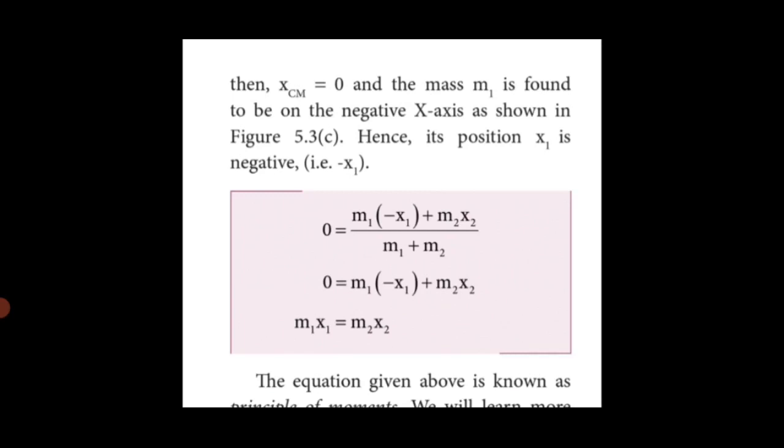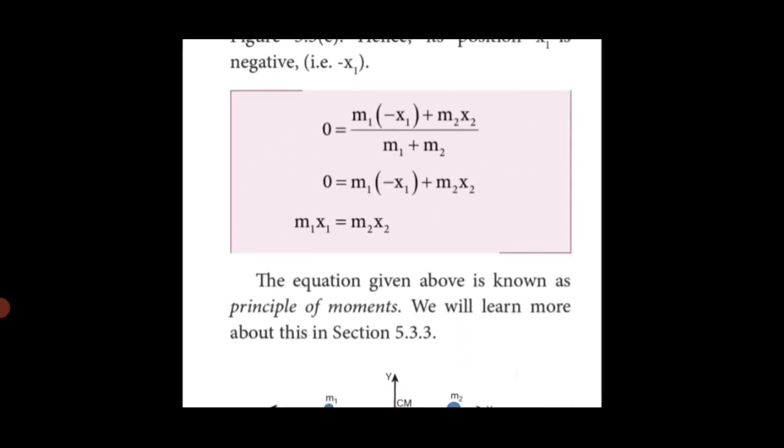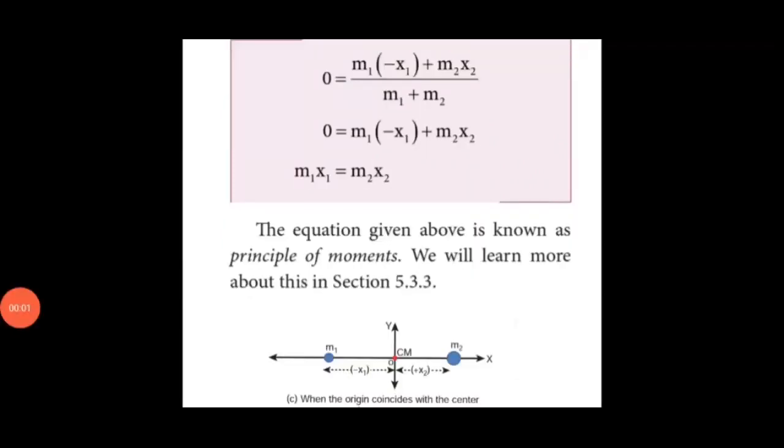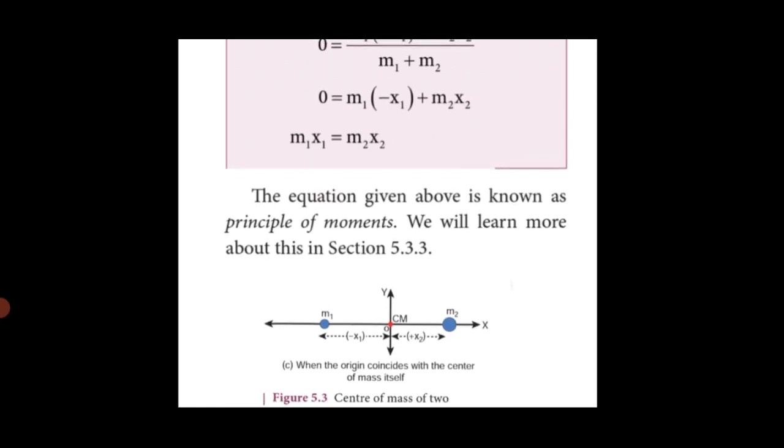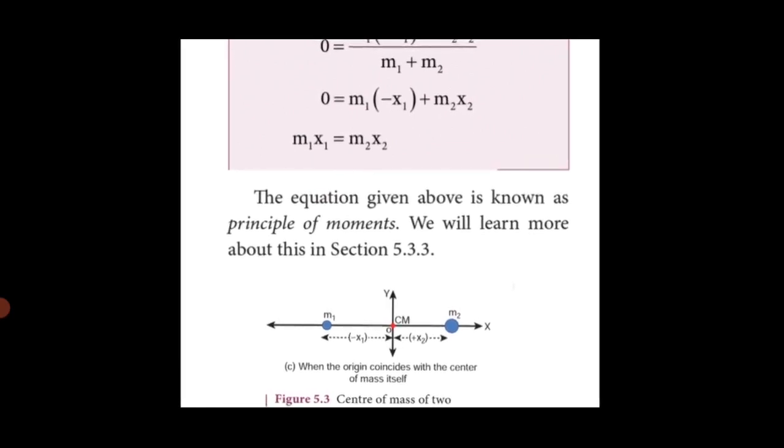So m1 x1 is equal to m2 x2, and this equation is known as the principle of moments. In this equation both sides are equal, that is m1 x1 equals m2 x2. This is shown in the diagram. See here, the center of mass, that is cm, is taken as the origin. If it is at the origin, one mass will be on the positive side and the other on the negative side.